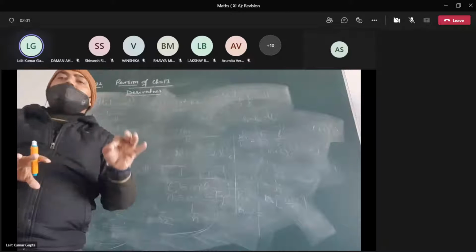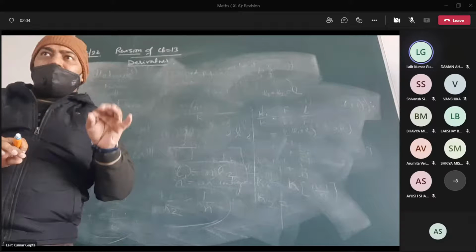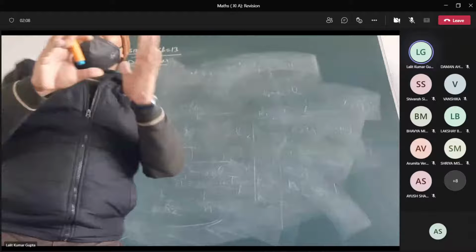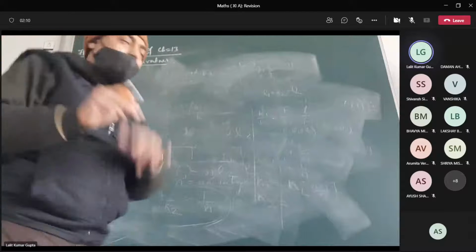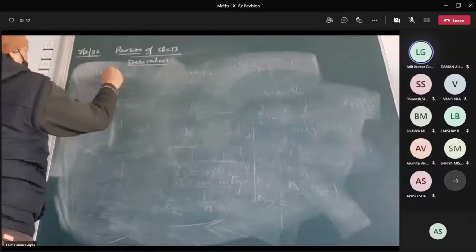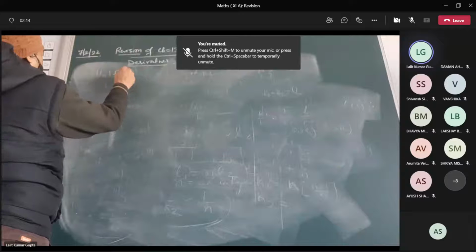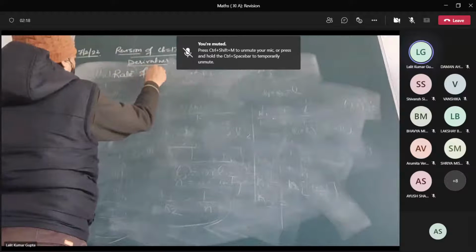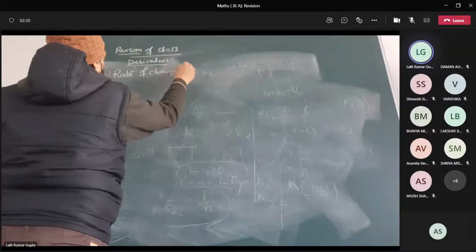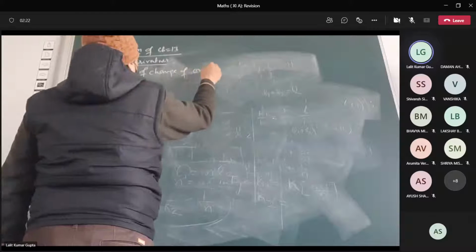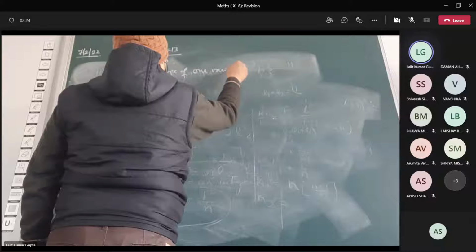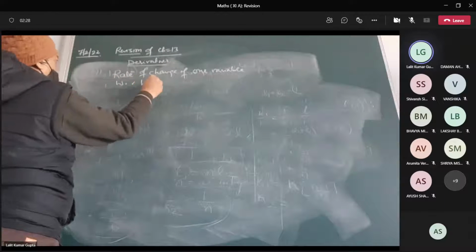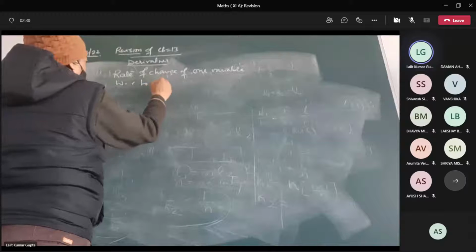Class. So what is the meaning of derivative, or what is the meaning of differentiation? What answer do you have to give whenever a person is asking what is the meaning? You have to always give this mathematical definition of differentiation: rate of change of one variable with respect to another variable.